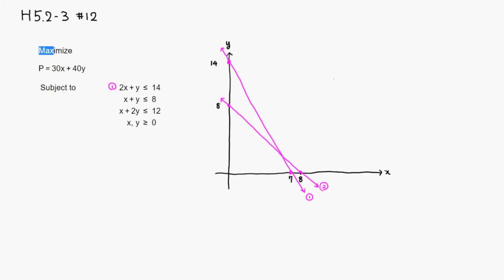The third one has an x-intercept of 12, which is the biggest one here. So 8 is here, and 12 is probably around here. The y-intercept is going to be 2y equals 12, so it's 6, somewhere around here.